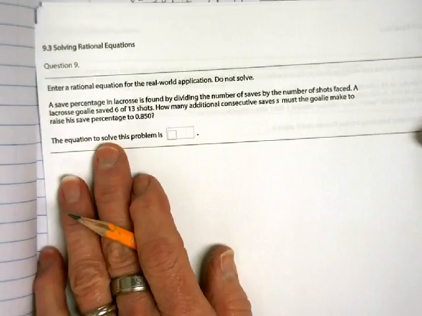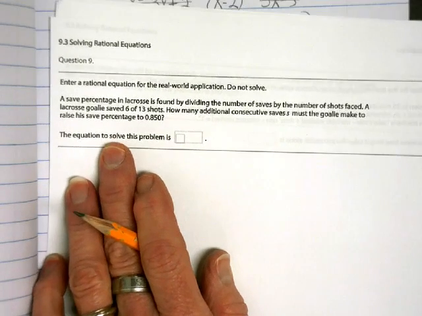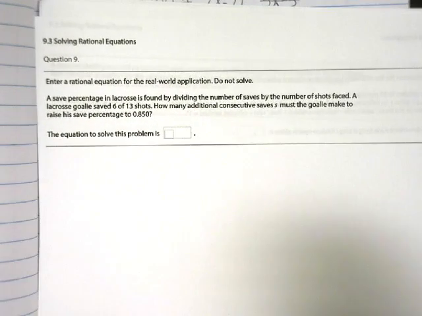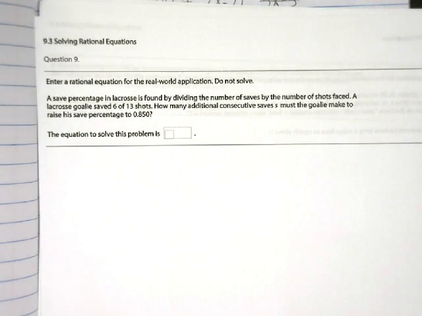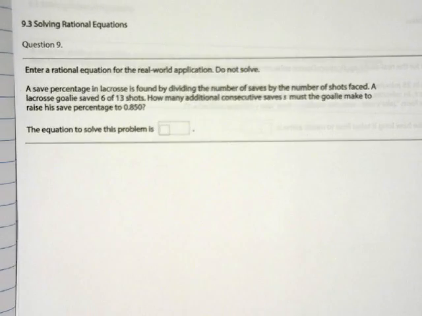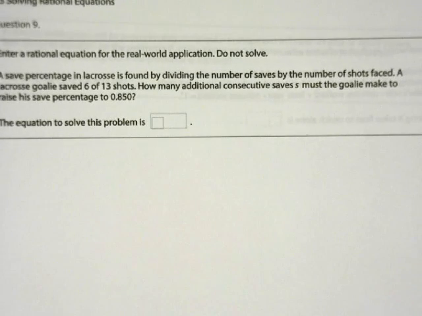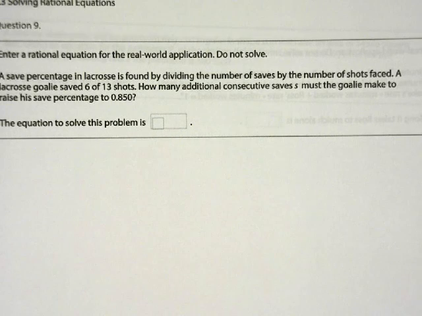Okay? So I'll read you my story, and for this first story, it says you do not have to solve the equation. So that's kind of good. All you have to do is come up with the equation, so that you're learning that piece of the puzzle. The solving's the easy part, right? It's writing that equation that's the challenge.